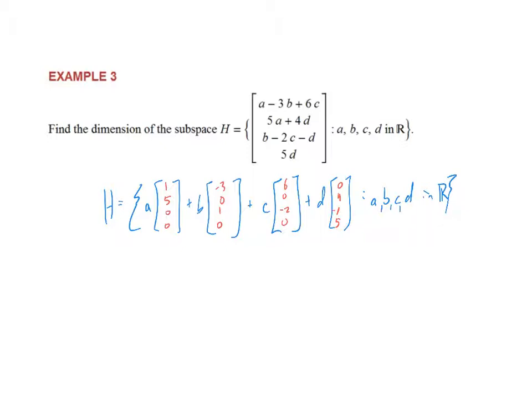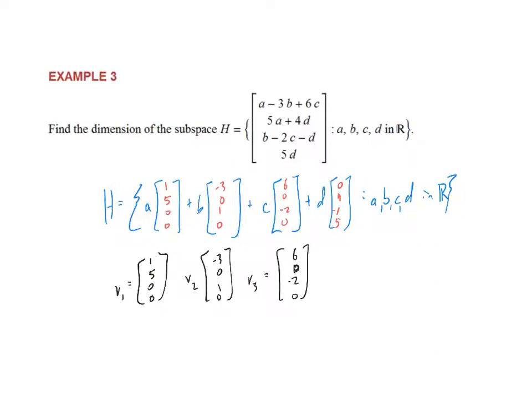So we're going to take each of those vectors. We'll call V1 the first one, 1, 5, 0, 0. V2 is the second one, -3, 0, 1, 0. V3 is 6, 0, -2, 0. I wanted to make sure you could tell that H is the set of linear combinations of those vectors. And V4 is my fourth vector, 0, 4, -1, 5.